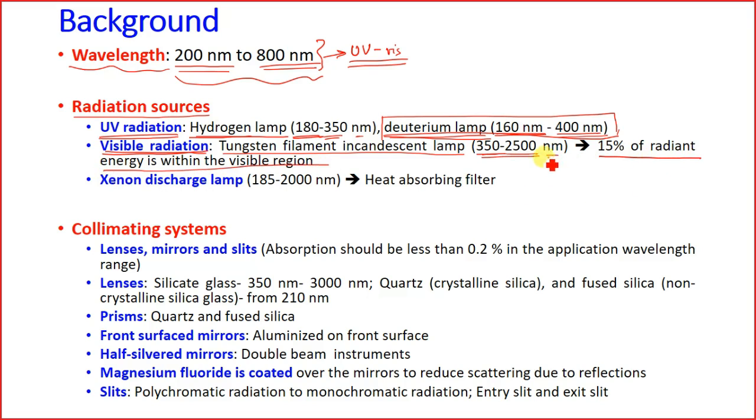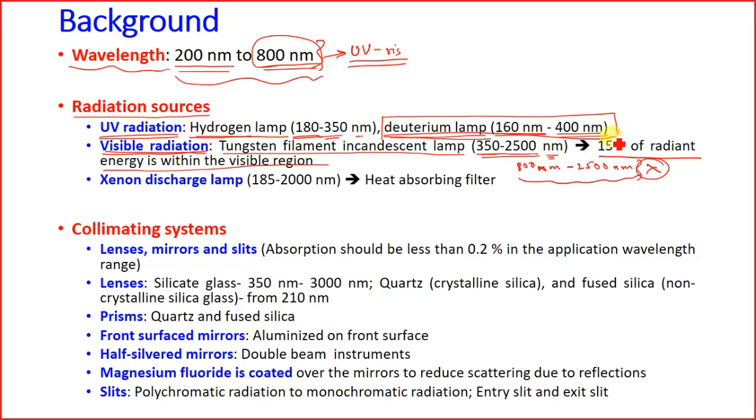Since we are limited to 800 nanometer in UV visible spectrophotometry, the radiation from 800 nanometer to 2500 nanometer is basically a waste, and we do not use it.